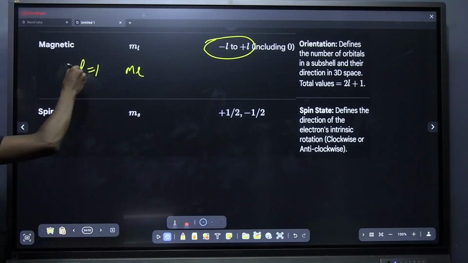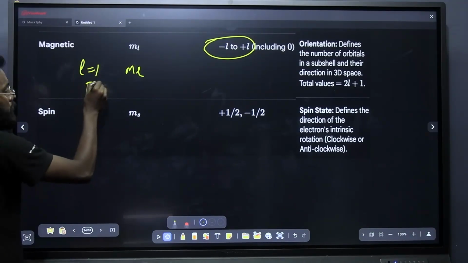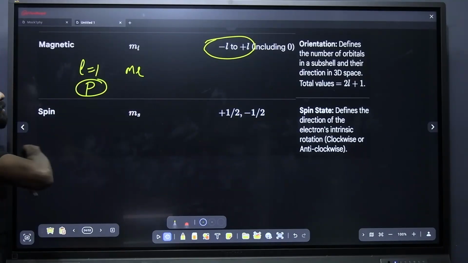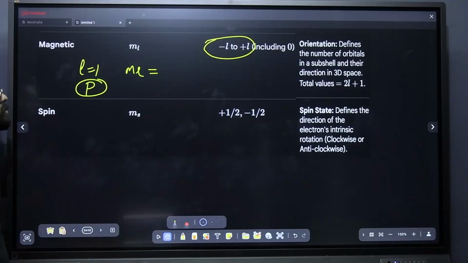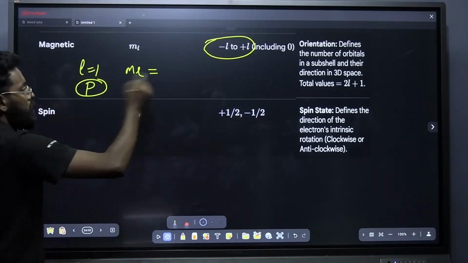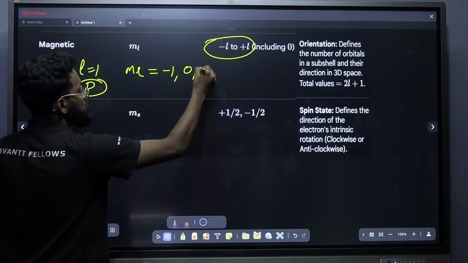l equal to 1 is the p state, and this state is divided into different districts, and that is what we are going to find out. The value of the districts comes from minus l to plus l, that is minus 1, 0, plus 1.